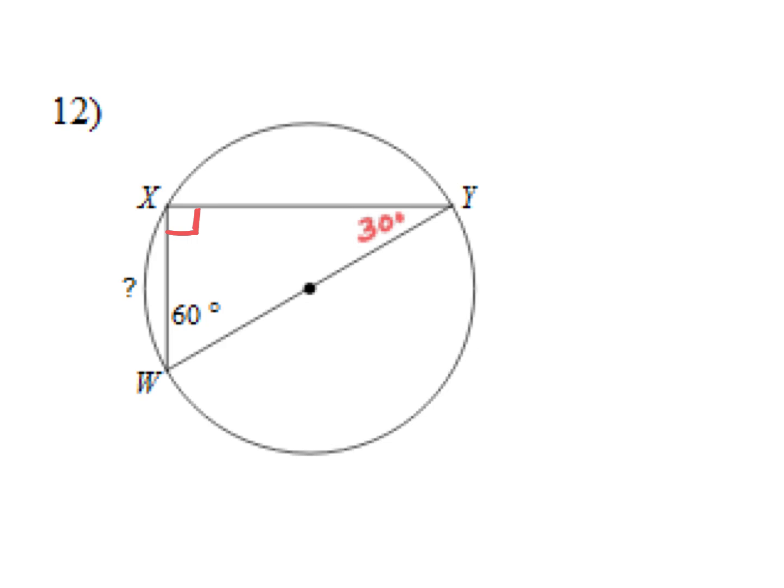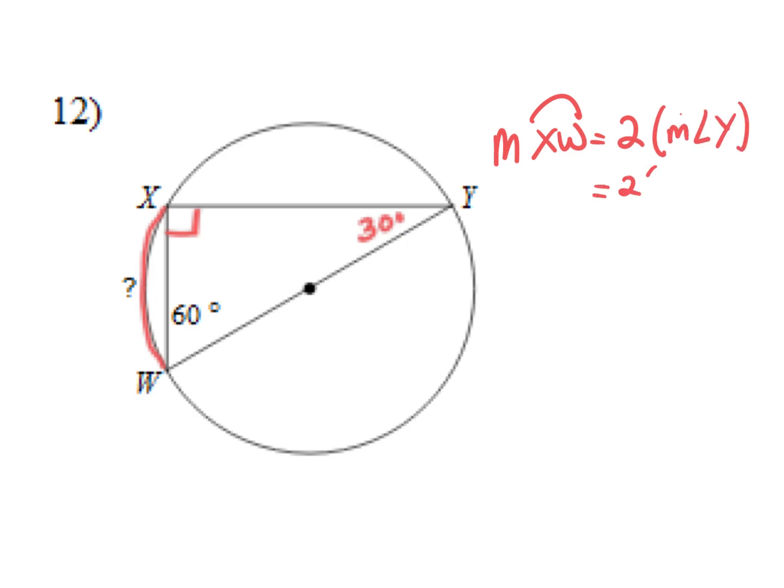That's going to be a 30-60-90 triangle. Therefore, the measurement of arc XW is going to be twice the measurement of angle Y. That's going to give you 2 times 30. 2 times 30 is going to give you 60 degrees.